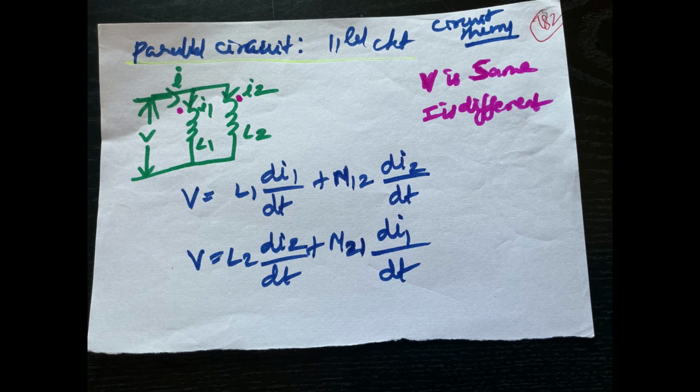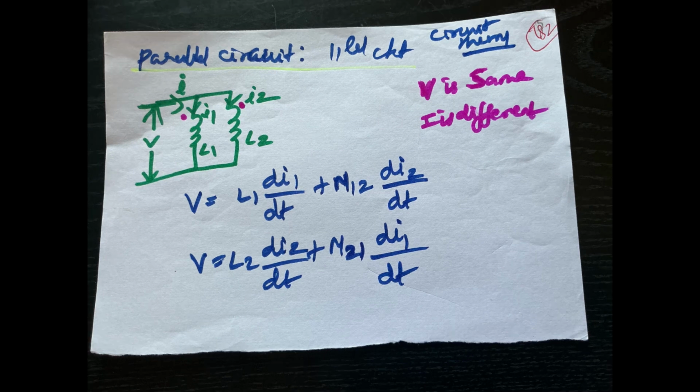Parallel circuits, coupled circuit analysis. The formula is derived from the previous explanation. V is the same, I is different. Circuit shown in the figure, voltage V, and the current I splits into I1 and I2. That is a parallel circuit, with coil number one and coil number two in parallel.